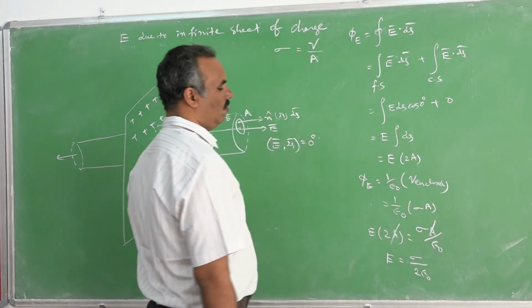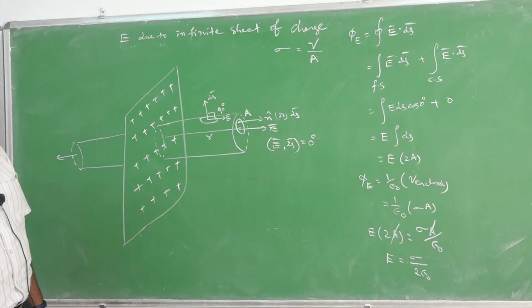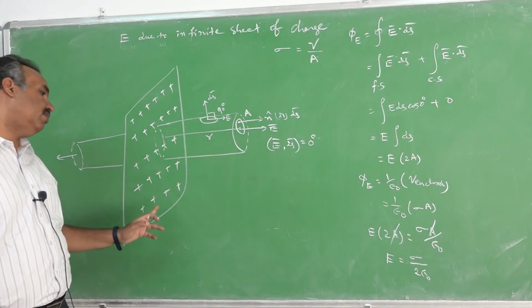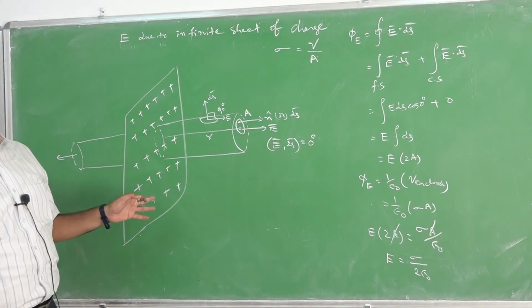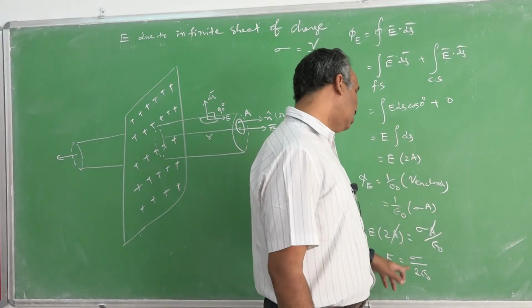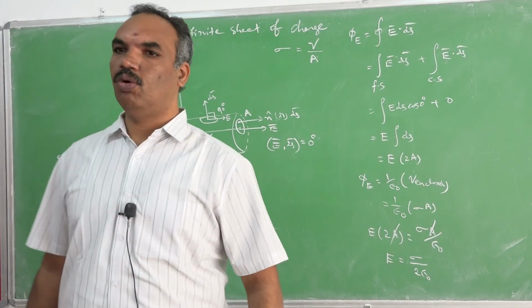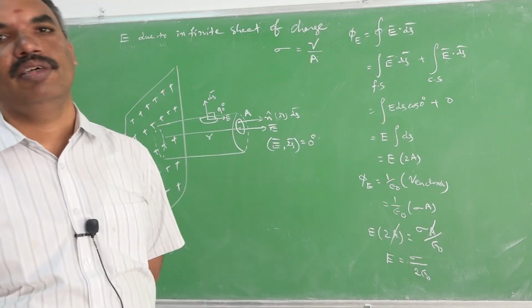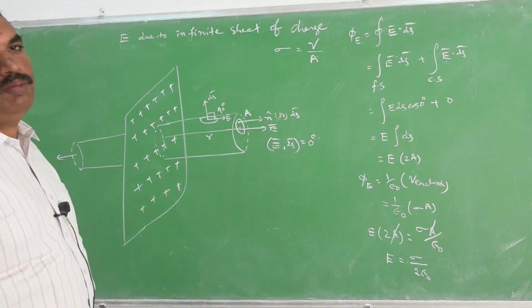This is the electric field strength due to infinite sheet of charge, which is independent of the radius. One more point, if the given sheet is a conducting sheet, charge resides on only one surface, so flux passes through only A area of cross section, then the same formula becomes sigma by epsilon naught. If charge is distributed on both sides, then electric field strength due to that infinite sheet is given by sigma by 2 epsilon naught.